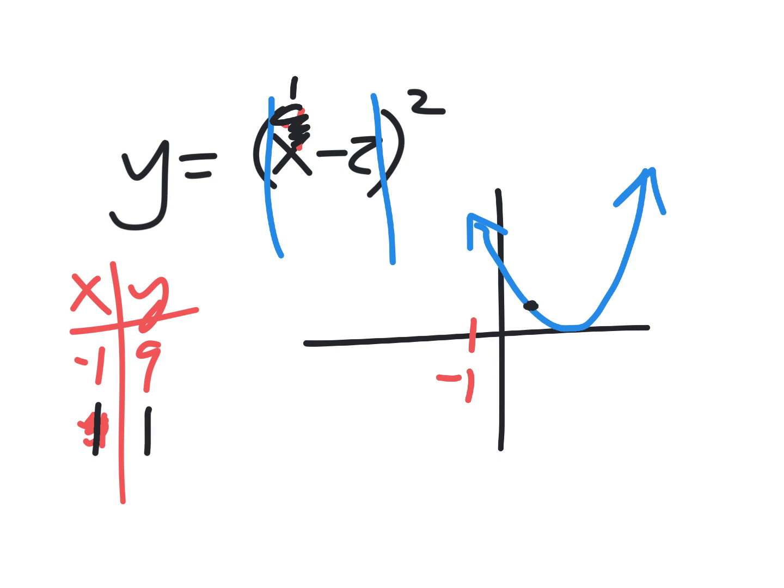Okay, so over 1, up 1. So why should this thing look like this? When I put in a +1, I got 1. When I put in a -1, I should get the same thing.